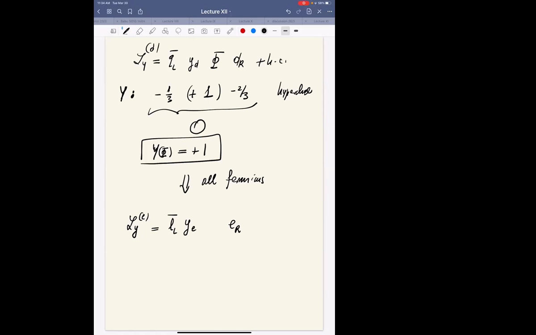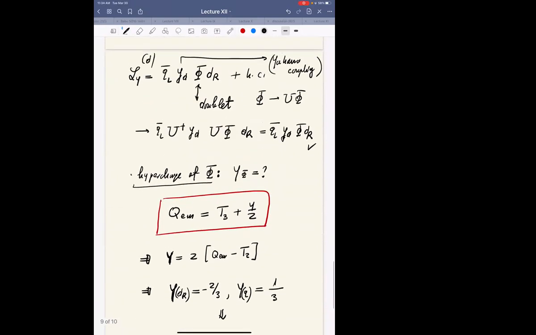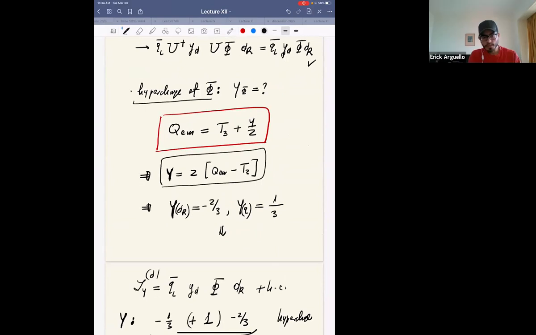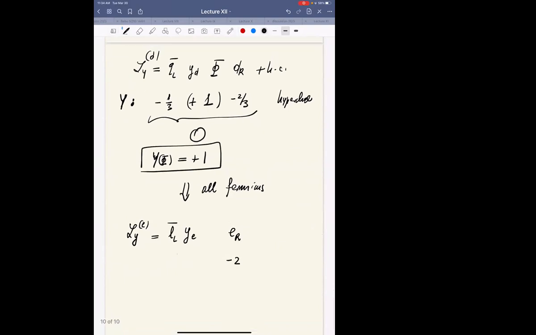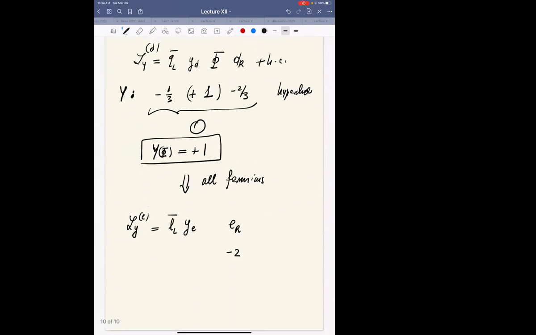What is the hypercharge of ER? It's -2. I need your attention. It turns out that the hypercharge of LL is -1. So this is +1. We can check that.